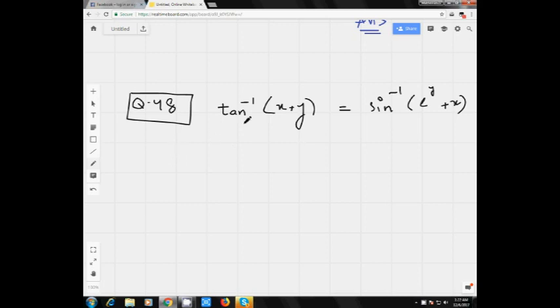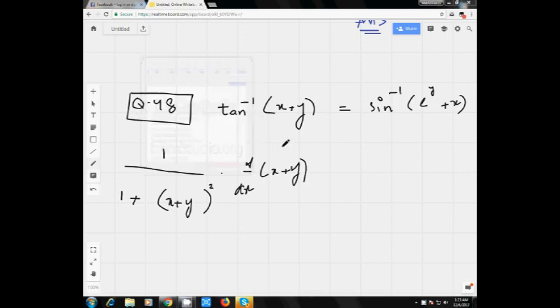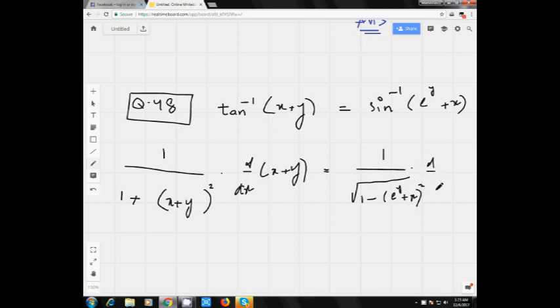You may find the derivative of inverse tangent function is 1 plus the square of this quantity upon which the tan inverse is being applied, whole square times the derivative of the same quantity, d by dx of x plus y, and same has to be applied here. 1 divided by square root 1 minus (e raised to the power y plus x) square times the derivative of e raised to the power y plus x.